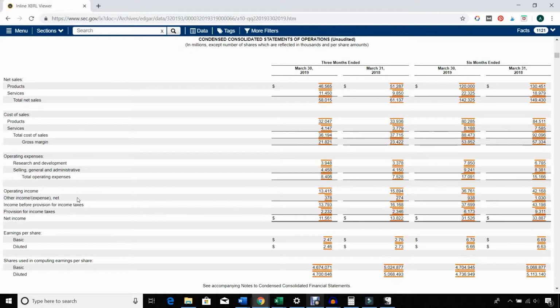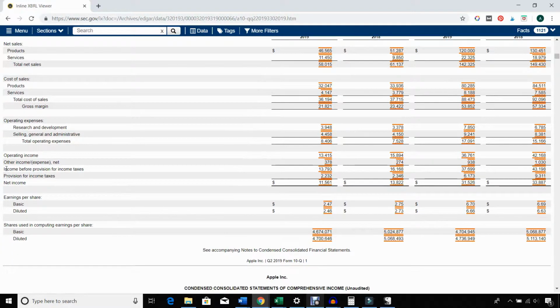Basically, this could include things like interest earned on the cash in the bank or any interest expense on the debt that they have on their books. The reason why we have these below the operating income line is we want to separate out expenses that are used for the core operations of the business versus ones that are not.